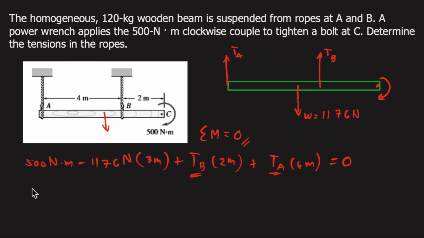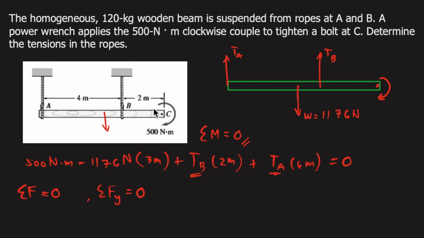Now we have two missing forces here, TB and TA, so we need another equation. So we can use the first condition, summation of forces is equal to 0. Now we only have y components here, since weight is directed downwards and the two tensions are upwards, so we can say that summation of Fy is equal to 0.